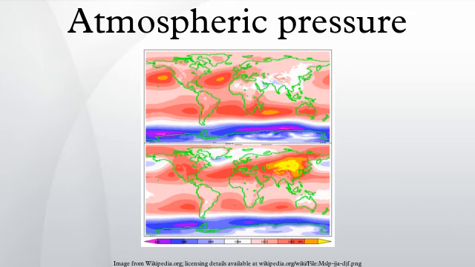Atmospheric pressure records. The highest adjusted to sea level barometric pressure ever recorded on Earth was 1085.7 hectopascals measured in Tosontsengel, Mongolia on December 19, 2001.